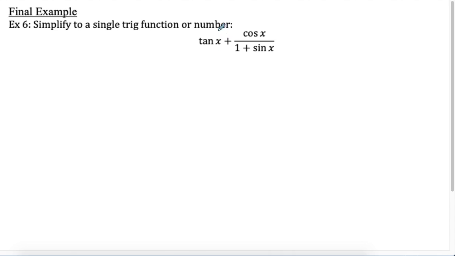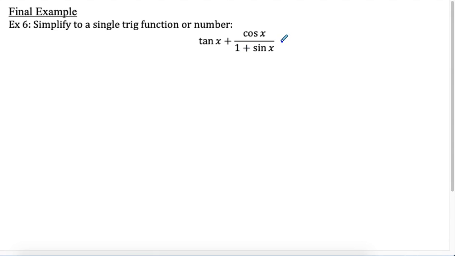That actually would be another decent strategy that we could employ here, and then add those together. But I'm going to approach it differently. Now, like I said, there usually is more than one way to go about these problems, right? So changing this to sine over cosine would probably be a decent first step. Get common denominators, add these together, see what you can do.